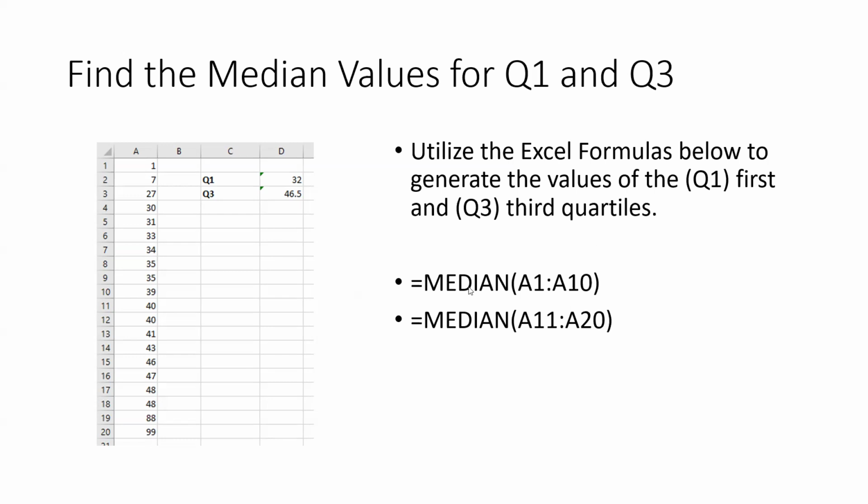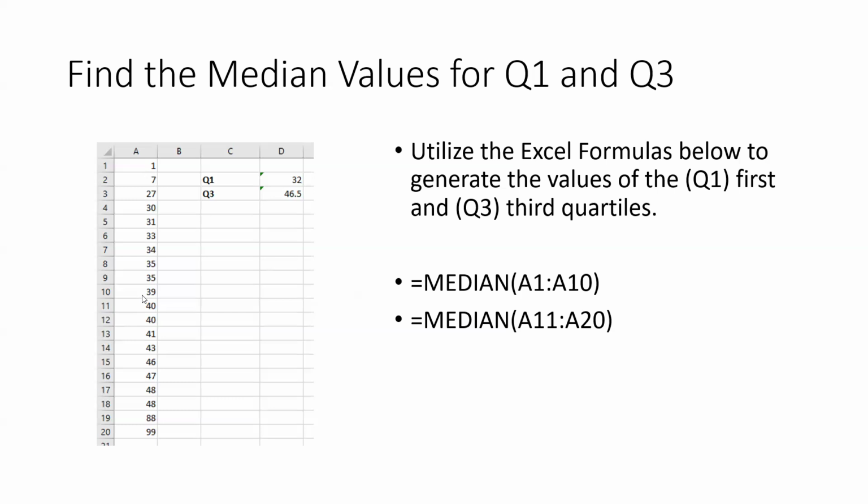All right, so we have our lowest value at the top, our highest value here at the bottom. Because this is an even number of observations, 20 is an even number, right? We break this into two perfect subsets. So subset 1 is going to be 1 to 10, and subset 2 is going to be 11 to 20.